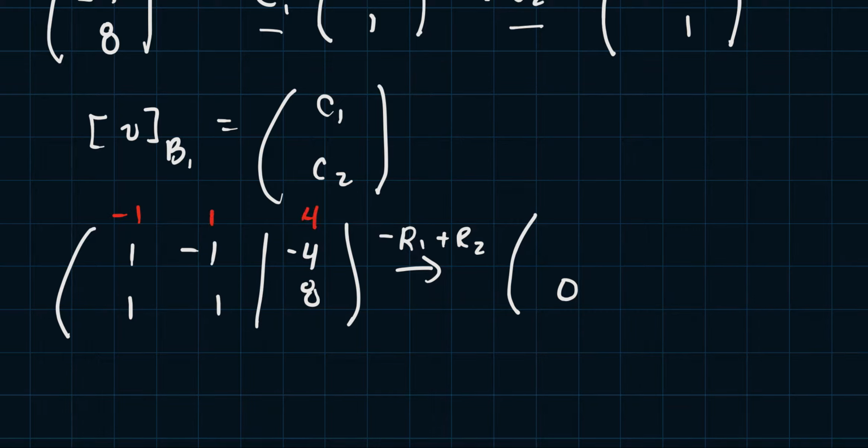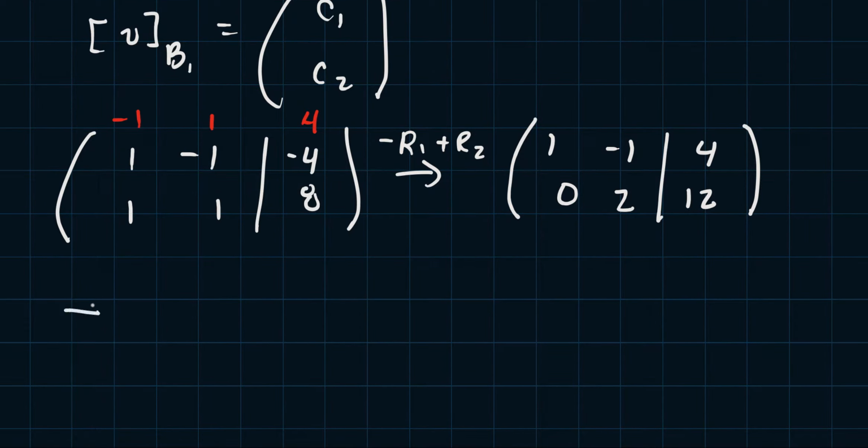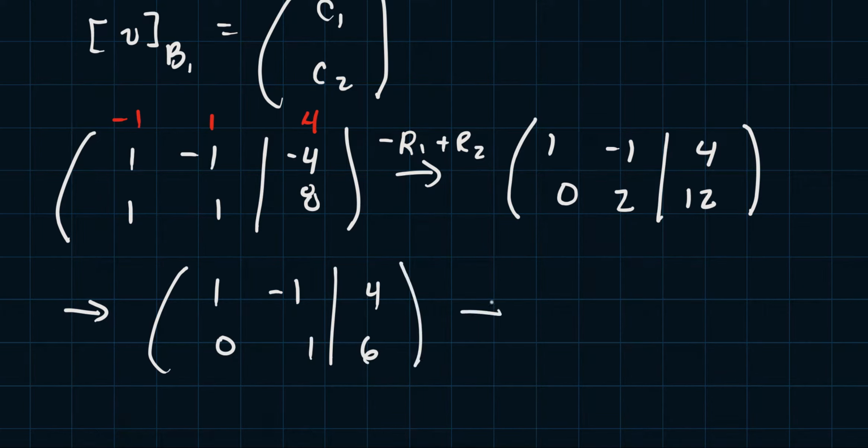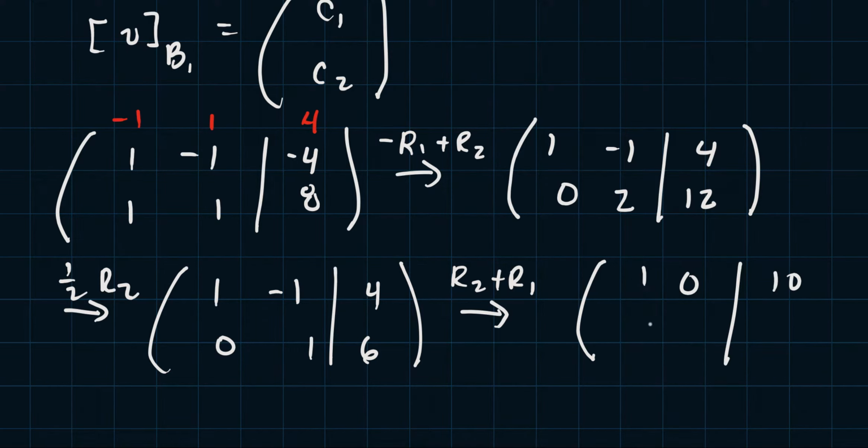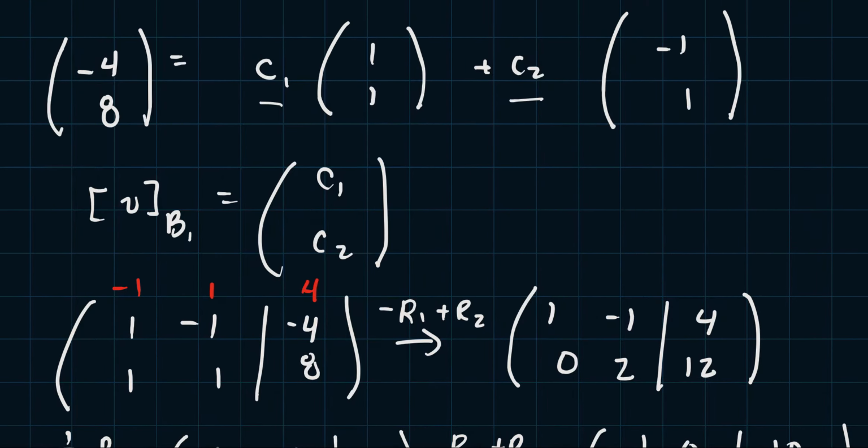So 2, 12, 1, negative 1, 4. Then divide by 2. We get 1, -1, 4, 0, 1, 6. And then we're going to add row 2 to row 1. And we'll get 1, 0, 10, 0, 1, 6. So C1 and C2 are 10 and 6.